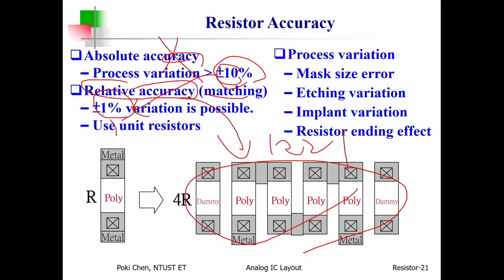But again, you need to use unit resistors, connect them in parallel or in series, and also have very good interdigitization layout, common-centroid layout, and so on.